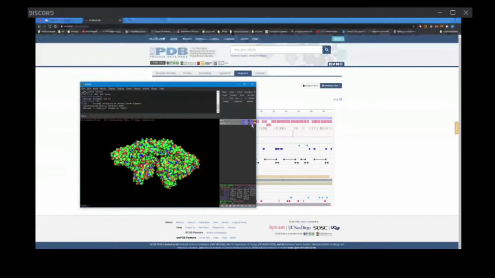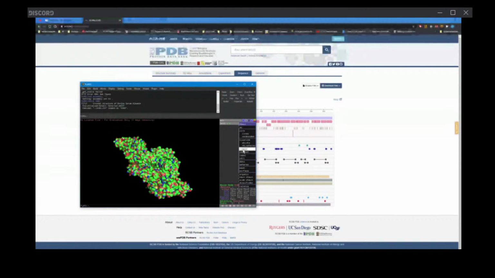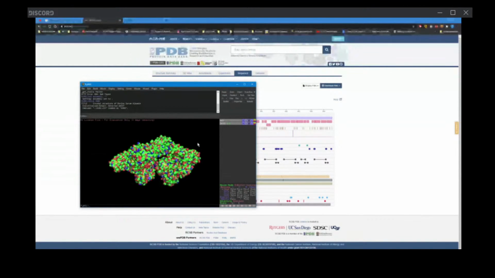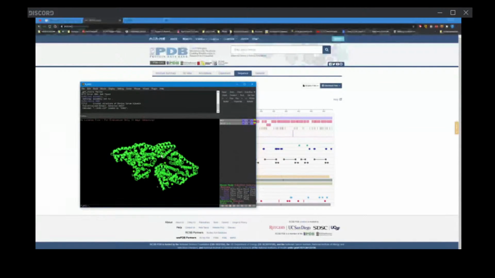Once I have it set up, there's a few different ways you can represent it. Here I picked the surface representation. Here's a ribbon representation.